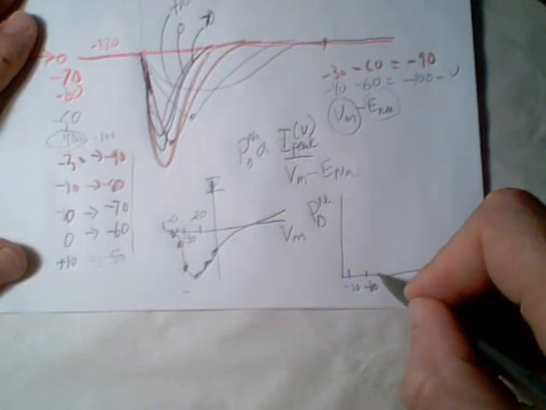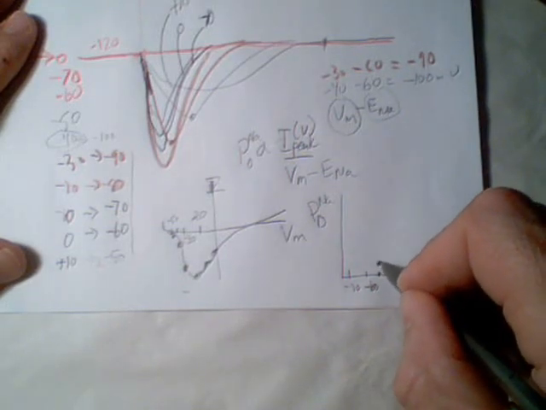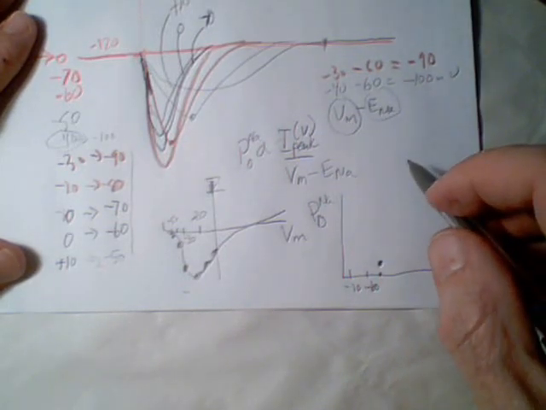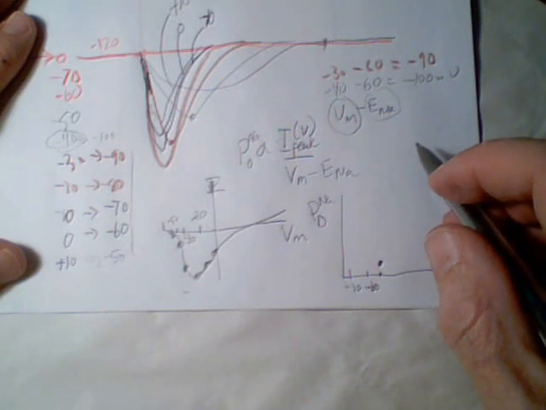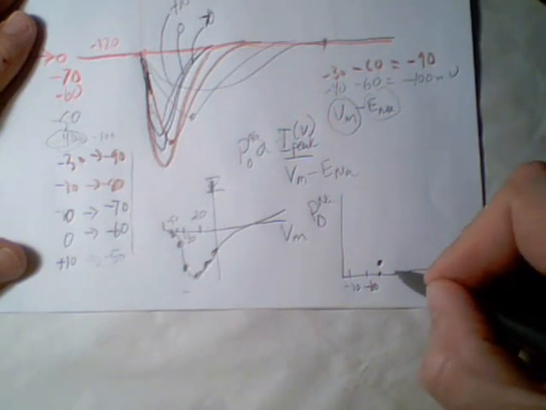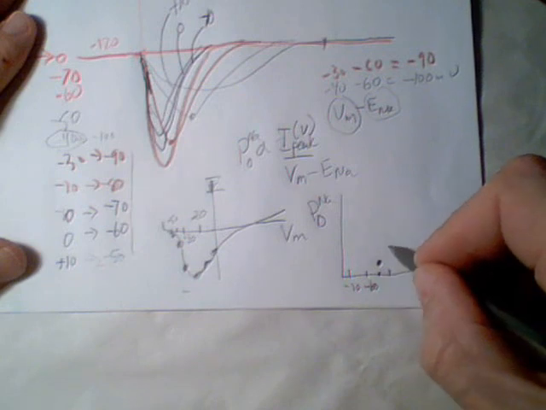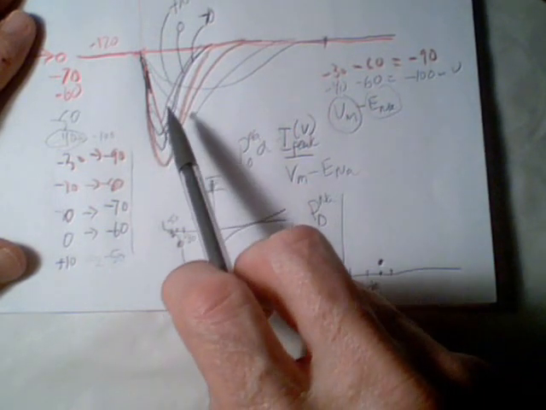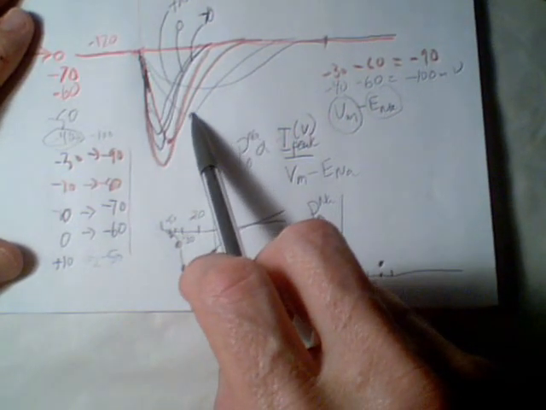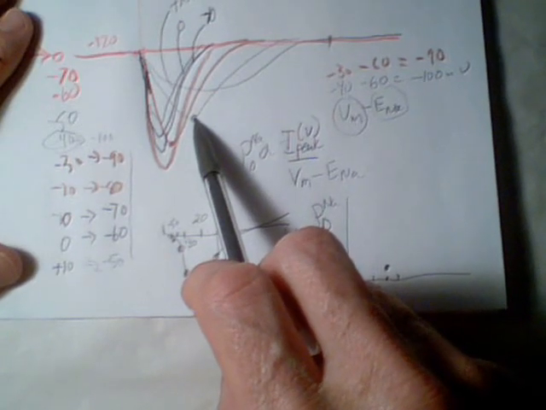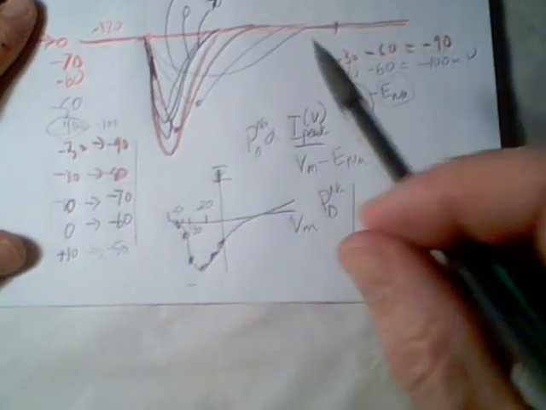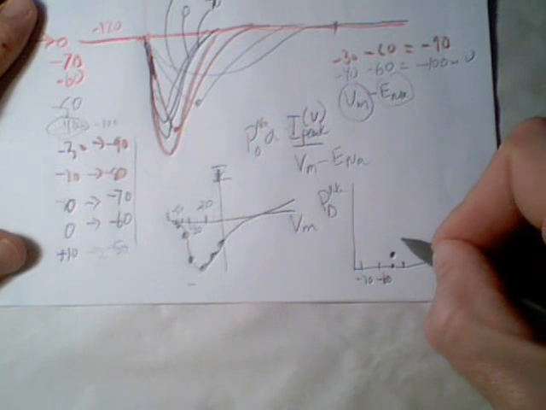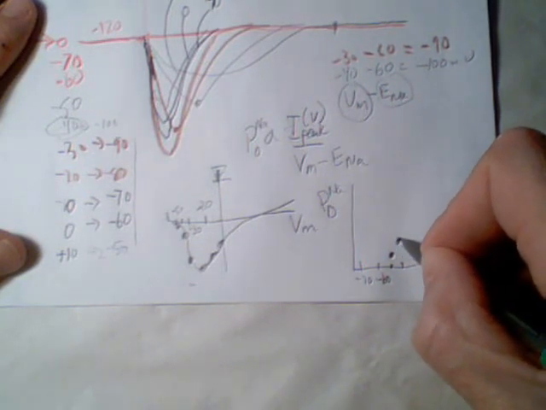Now at minus 50 we started to pick up a little bit of current. If we divide that by the driving force, which is pretty big, then regardless of what current I got, I'm going to get a small number. At minus 40, I have more current through the channels, and of course my driving force is still relatively large. I'm going to get something that looks like this.